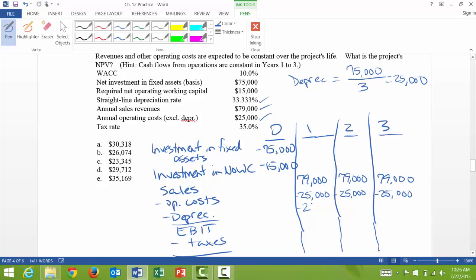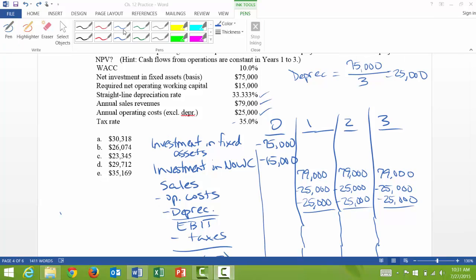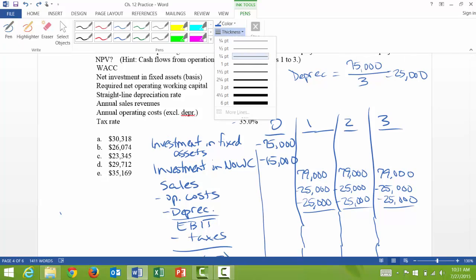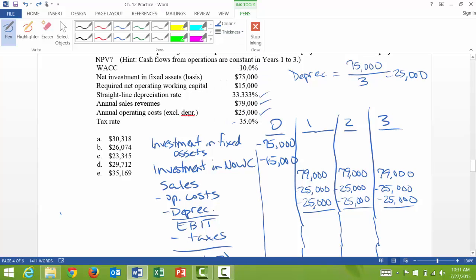So minus 25,000 for that too. I'll put that in each column. Next we need to find our earnings before interest and taxes. If we subtract basically 50,000 from 79,000, we'll get 29,000 across the board here.